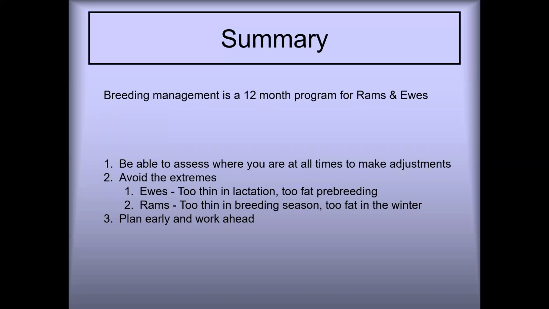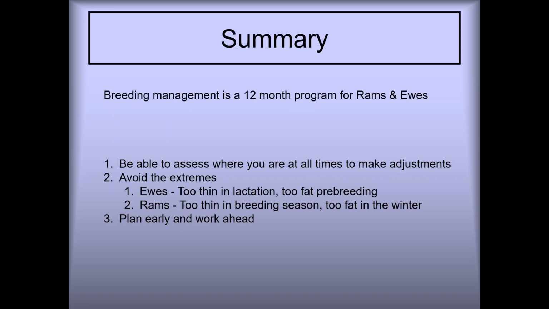If we're in the breeding phase, we're going to manage them differently. If we're in gestation, we're going to manage them differently. And if we're in lactation, we're going to manage them differently. The rams are going to be more breeding season, not breeding season, so that's a little different. But we've got to keep an eye on those all 12 months, no matter what phase we're in.